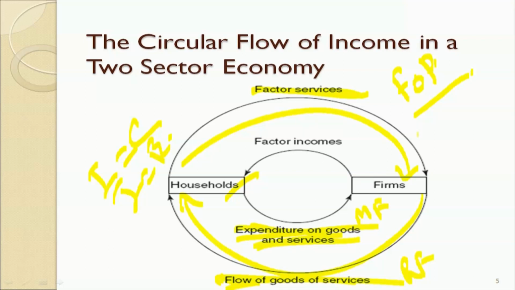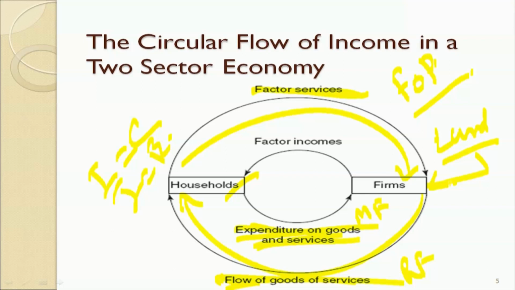Normally, we consider that the households own these factors, and these factors are rendered by the household to the firms. So, the household has land, and the land is given to the firms. It is the first factor service.